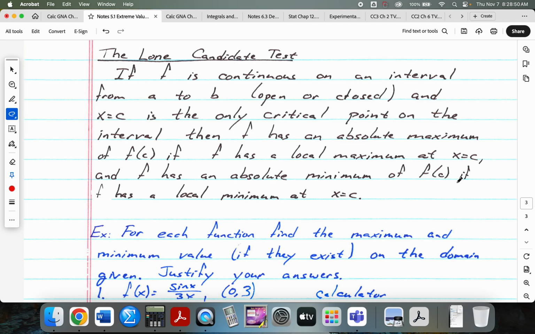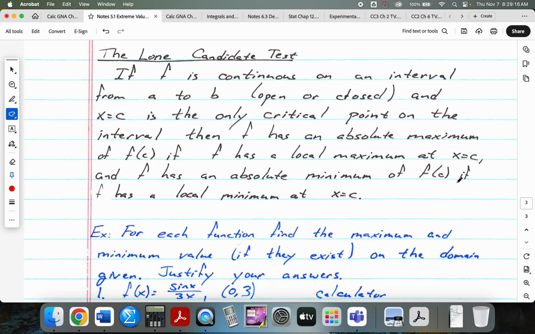It says if f is continuous on an interval from a to b, open or closed, doesn't matter, and x equals c is the only critical point on the interval, then f has an absolute maximum of f of c if f has a local maximum at x equals c, and f has an absolute minimum of f of c if f has a local minimum.